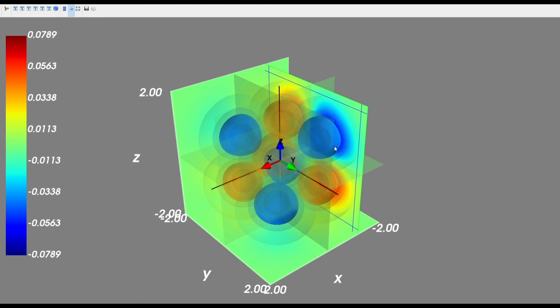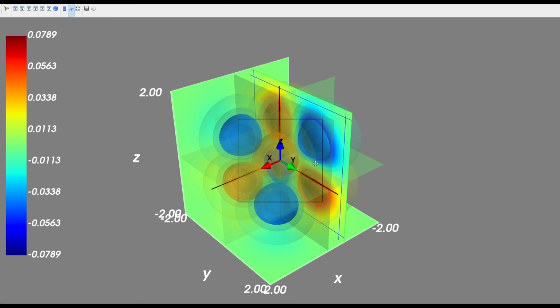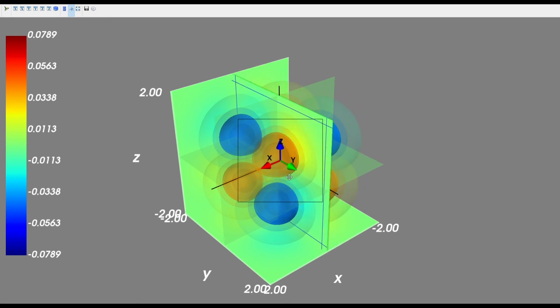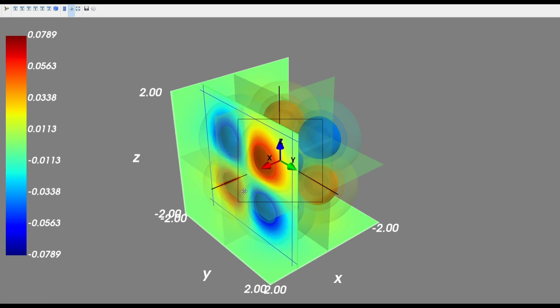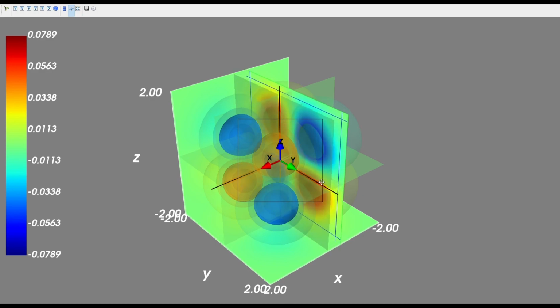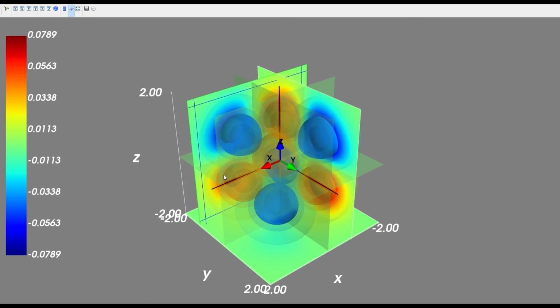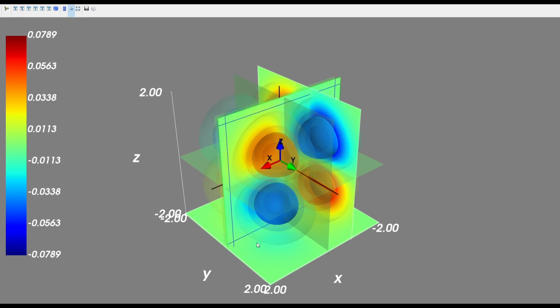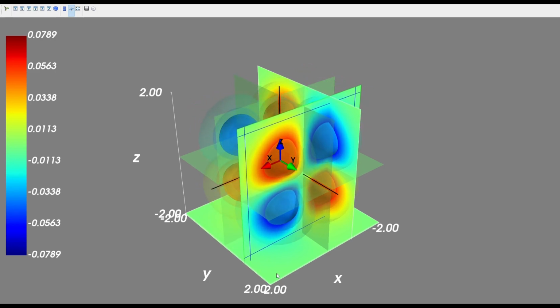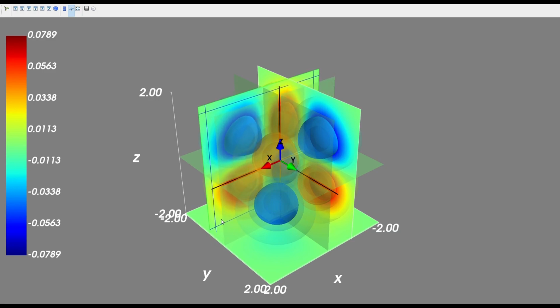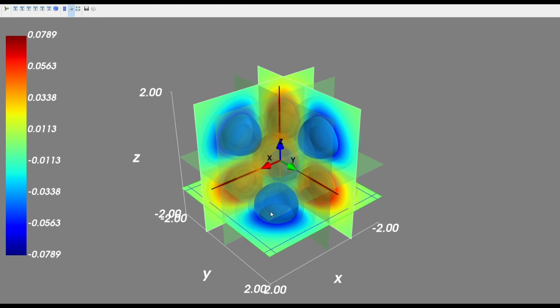But what we can do is show traces, and along these traces, the color is the value of the function, and you can very clearly see the appearance of these maximums and minimums in 3D for a 3D function. Sure enough, if you want to do this in any given direction, you can go ahead and do that. Same thing down here.